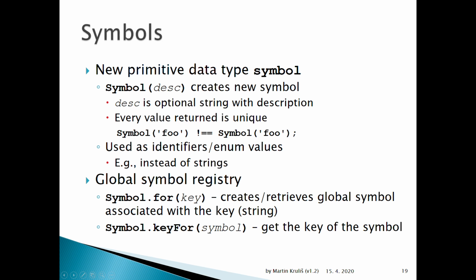If it doesn't exist yet, a new symbol associated with this key will be created. And there is also a reverse translation. In case you have a symbol at hand and you are wondering if the symbol is registered and under which string key, you can ask to retrieve the specific key for this given symbol. So if you want to, you can also use this global registry for symbols.